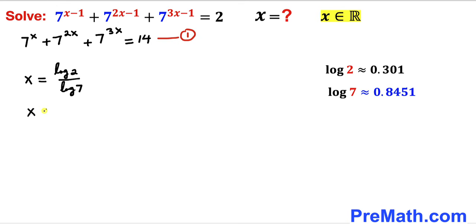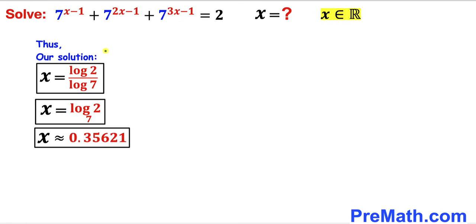So therefore I can write x is approximately equal to 0.301 divided by 0.8451, and that is going to give us x approximately equal to 0.3561. So thus our solution could be written as x equals log of 2 divided by log of 7. It could also be written as log of 2 with a base 7, and that is going to be approximately equal to 0.3562 as well.